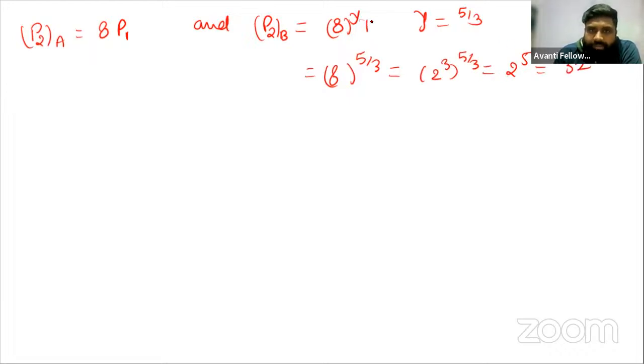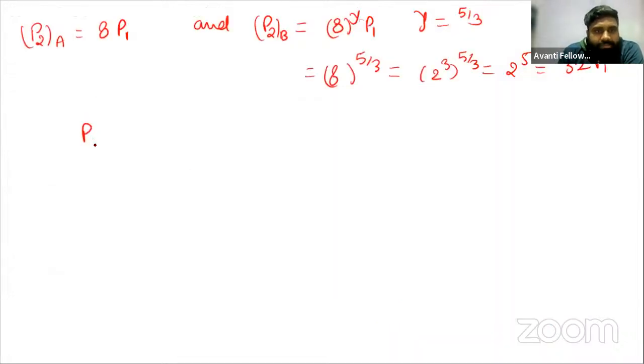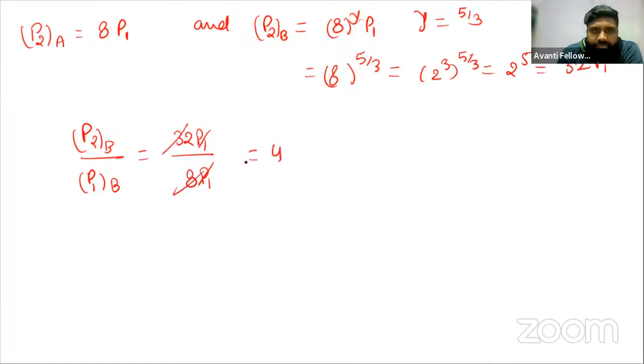So P2B is 32 P1. Now in the question, the ratio of final pressure of gas B to that of gas A is being asked. So we take the ratio P2B divided by P2A, which is 32 P1 divided by 8 P1. This will cancel out and become 4.